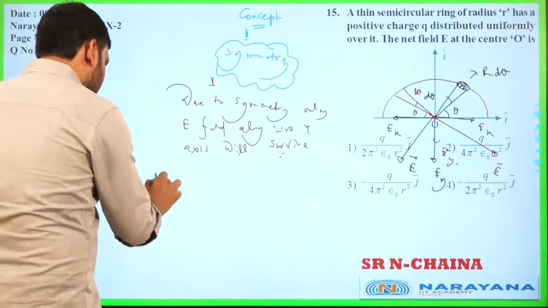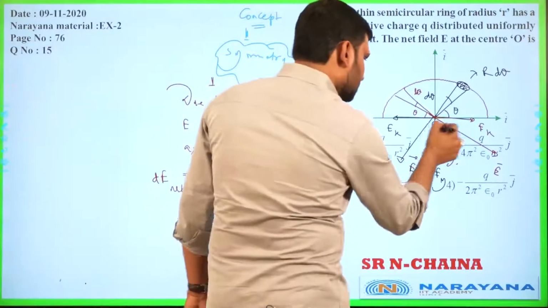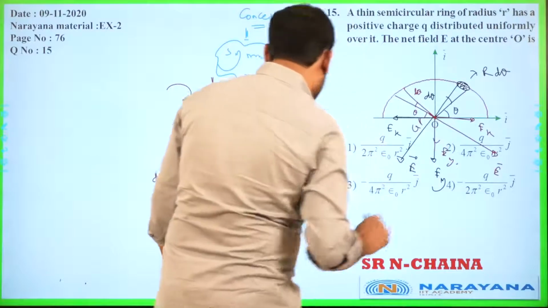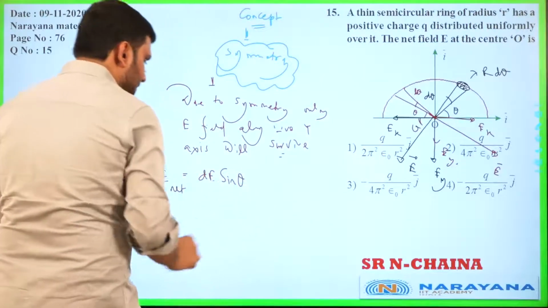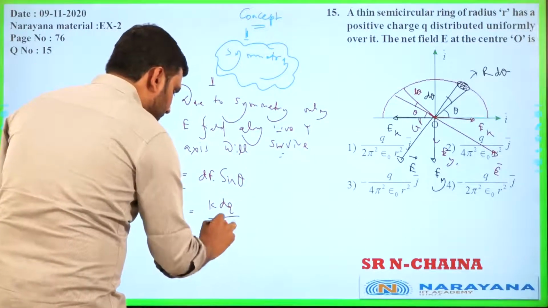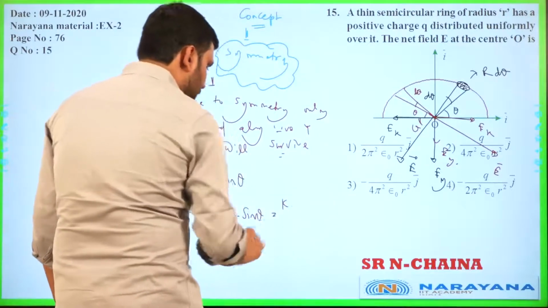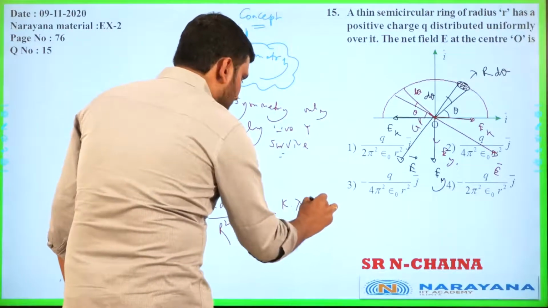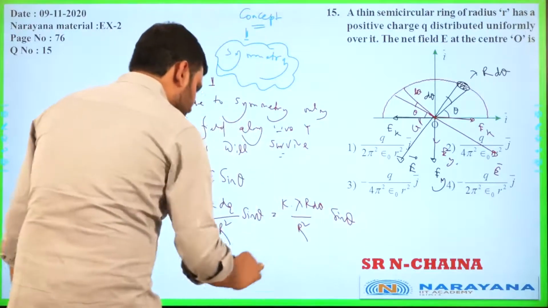So, now dE net is equal to, if this is theta, then this is also theta. So, there is sin theta. So, dE net is equal to dE sin theta. Job done. That is equal to k dq by r square sin theta. Fine. K into dq means lambda r d theta by r square sin theta.